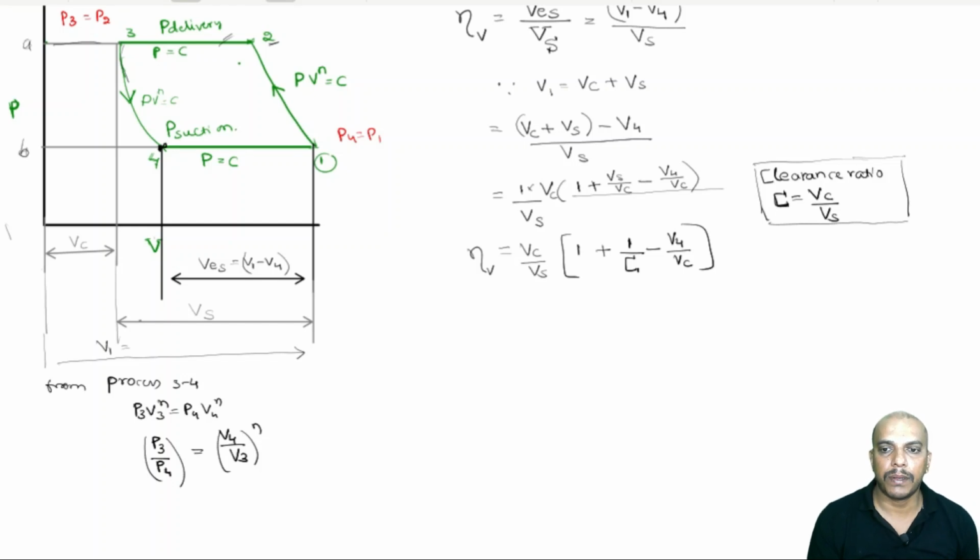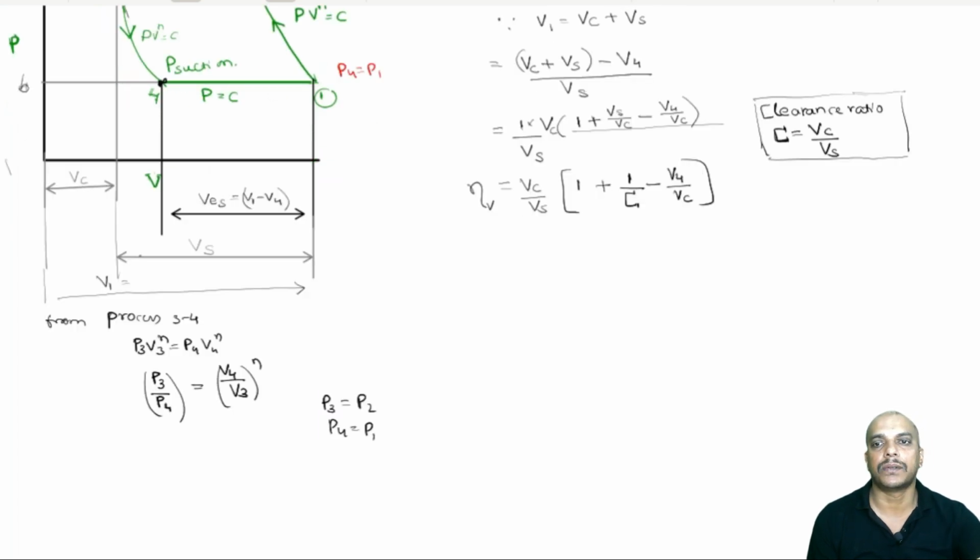Now what is P3 by P4? We know that P3 is equal to P2 and P4 is equal to P1. Actually we are talking about pressure ratio. So let us write it as P2 by P1, and this will be V4 by V3, and V3 is equal to the clearance volume Vc.